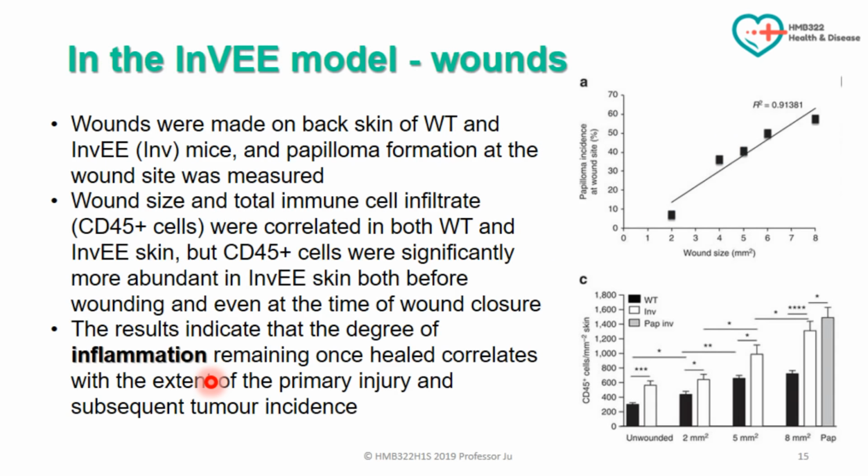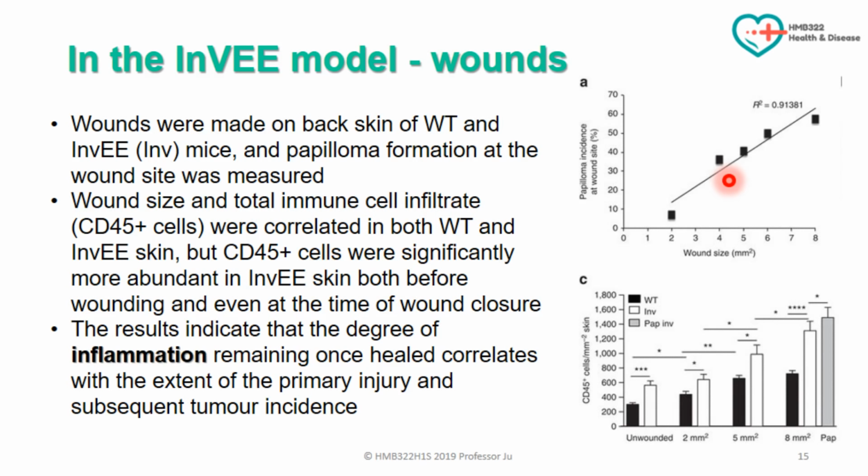So you are never going to be asked to tell me about specific data. I want you to understand some of the data that I'm going to be presenting to you here. So if you look at the wild-type mouse, or you look at the INVI mouse overexpressing MEK1 only in the skin cells, one of the things that you will see is that if you look at the number of papillomas, the tumors that develop, and you look at the overall wound size, the bigger the wound is, the bigger the papilloma that results in these INVI mice compared to the wild-type mice.